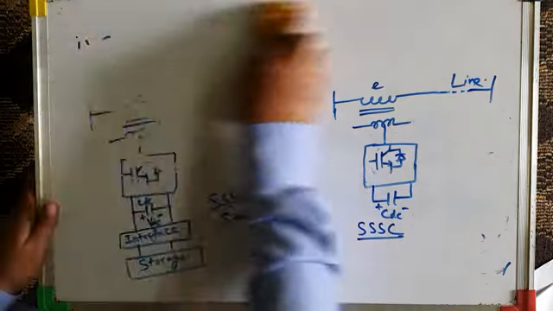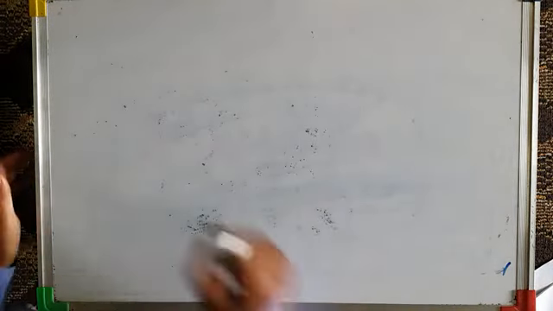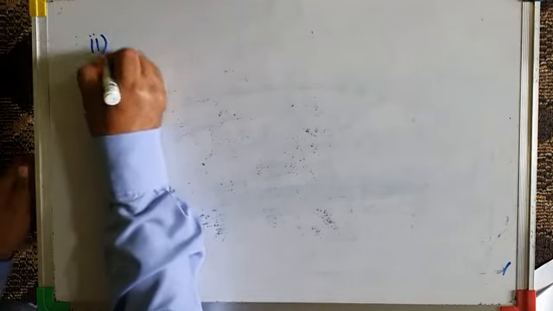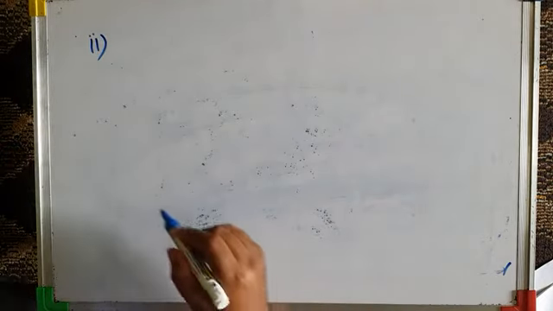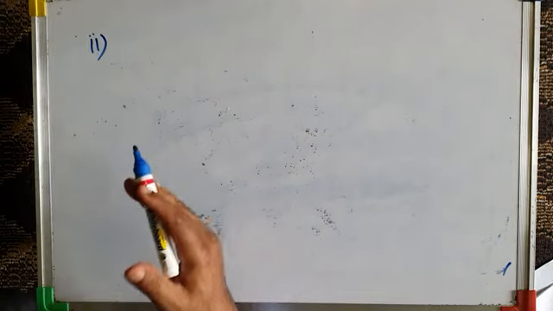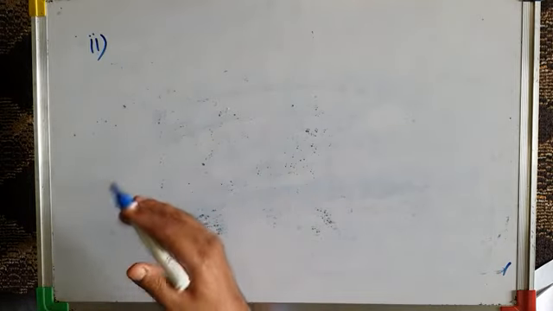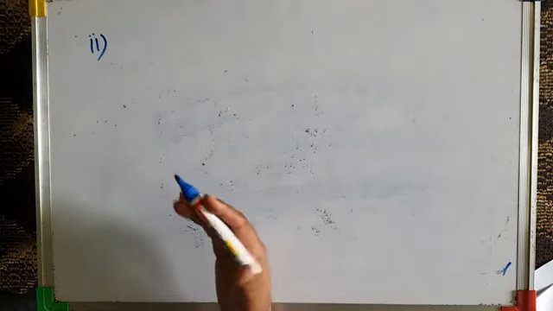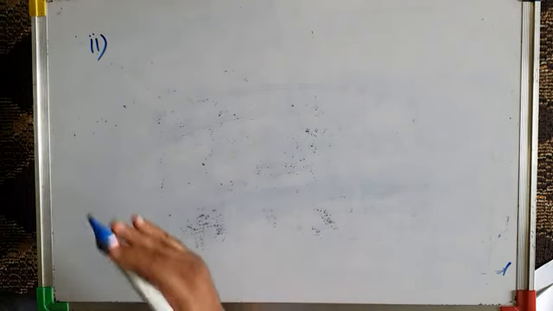Now let us quickly move towards the shunt FACTS controllers. It's the second category of FACTS controllers. Don't worry, in future lectures we will discuss all these series, shunt and other types of FACTS controllers one by one.